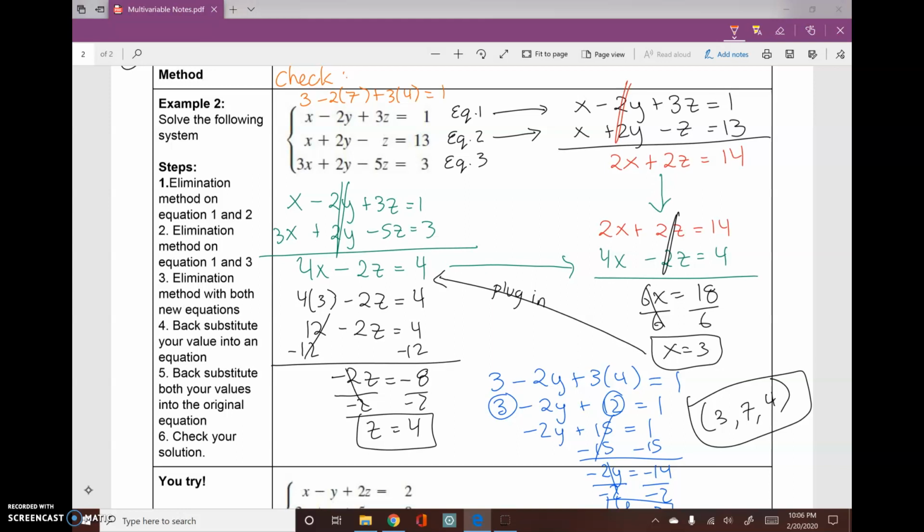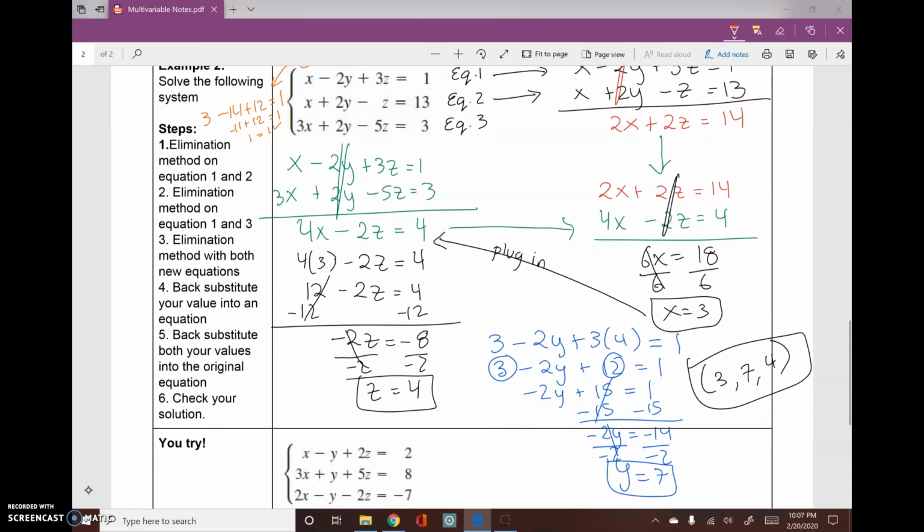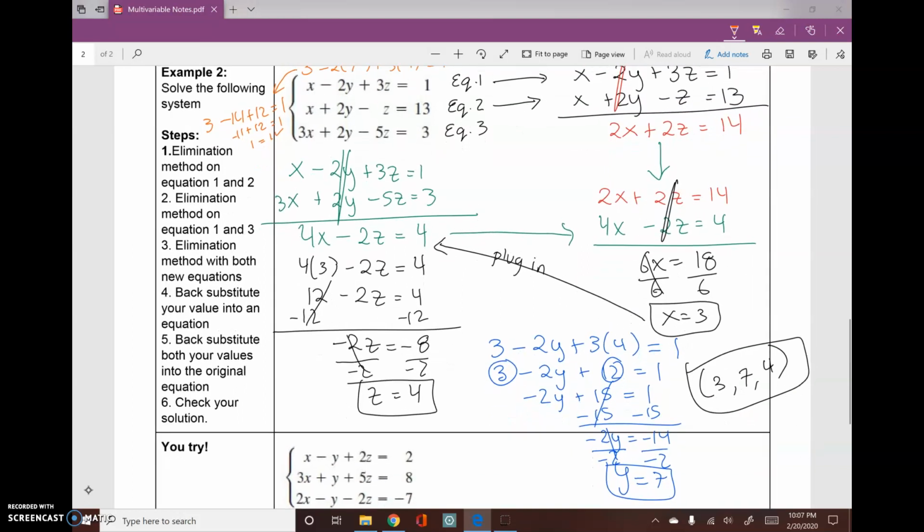This gives me 3 minus 14 plus 12 is equal to 1. That gives me negative 11 plus 12. 1 does equal 1. So yes, it is a solution.